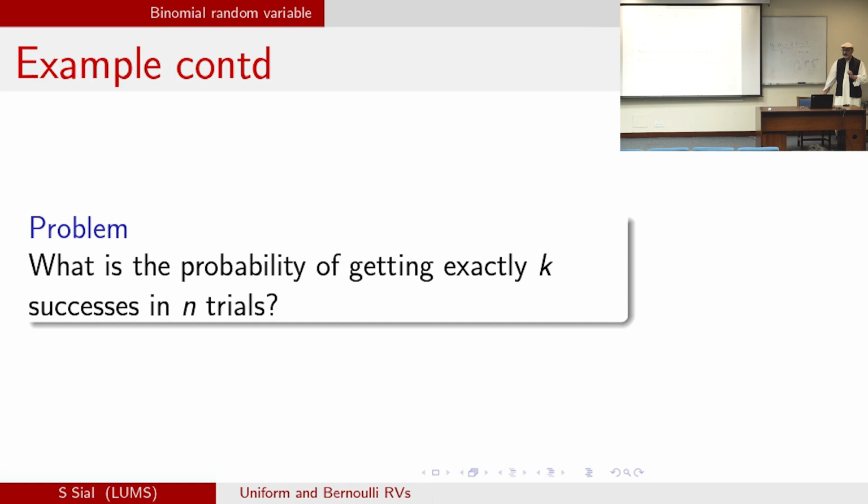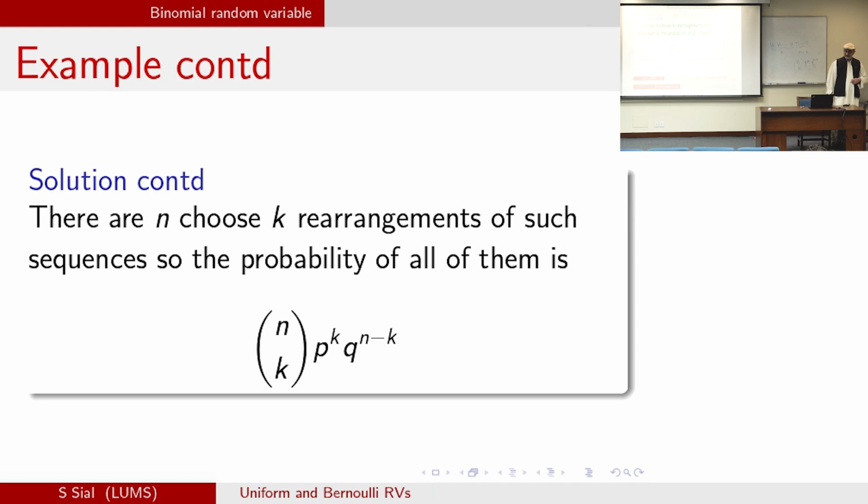So what's the probability of getting exactly k successes in n trials? Yeah, it's the same. All of the same arguments hold. It's n choose k, p to the k, q to the n minus k. Okay. So now we've gotten a quite general result.